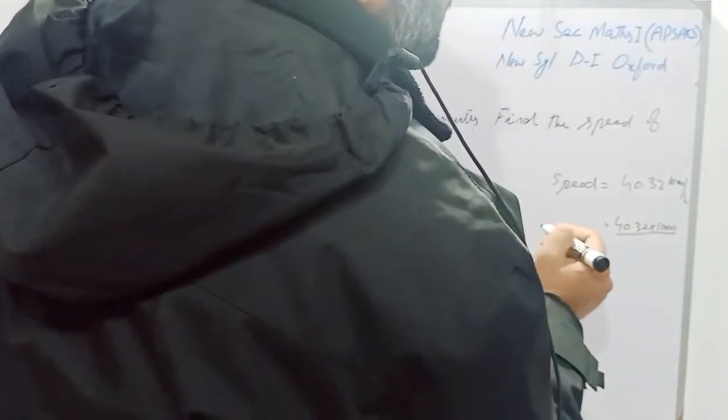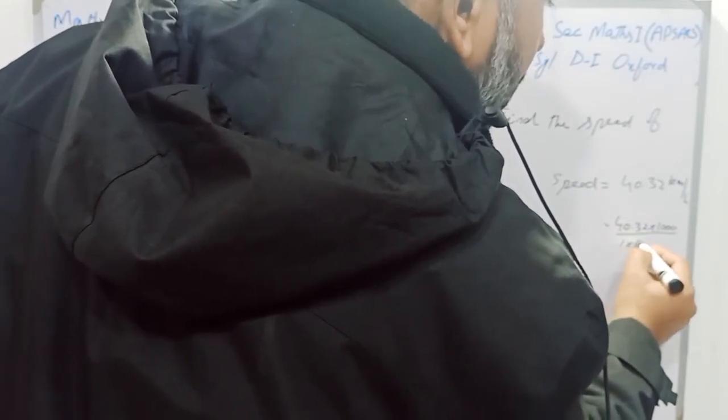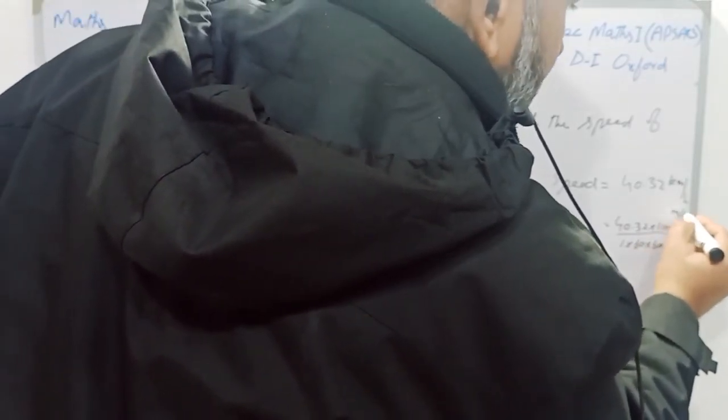Now these kilometers are converted into meters, and we have to convert hour into seconds. Keep in mind that there are 60 minutes in 1 hour and then 60 seconds in 1 minute. So the speed will become meter per second.